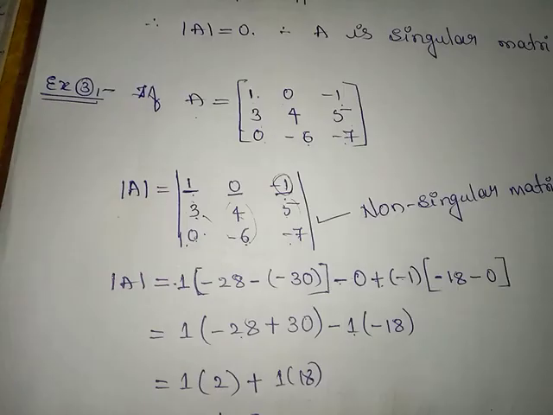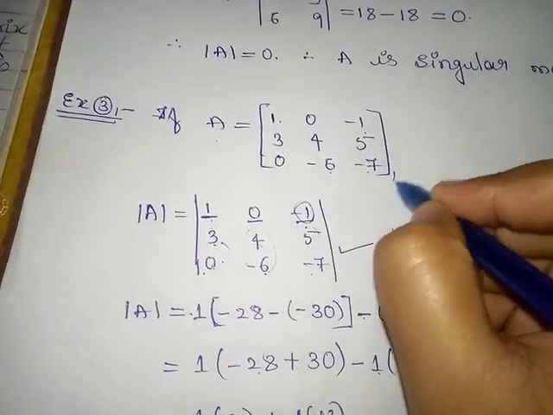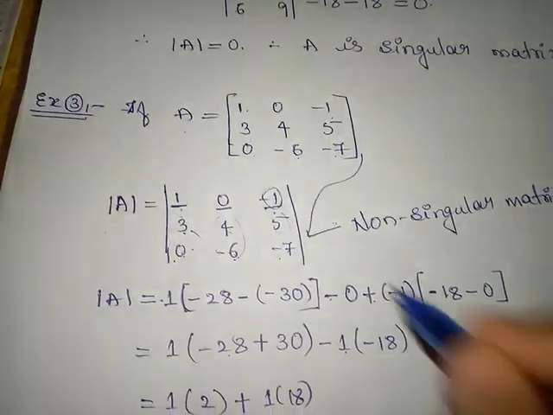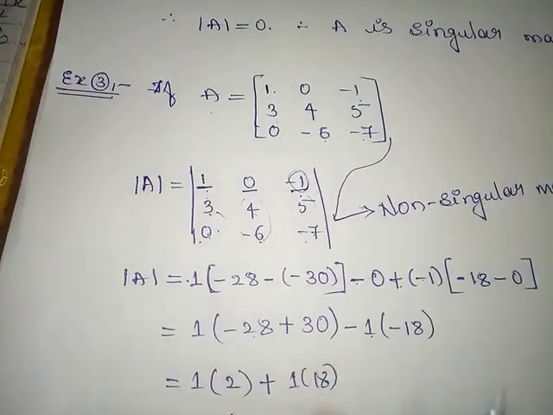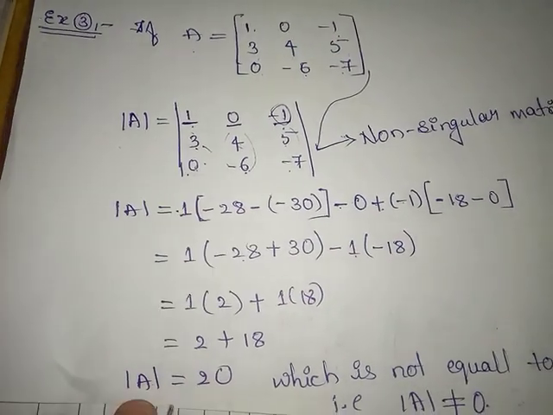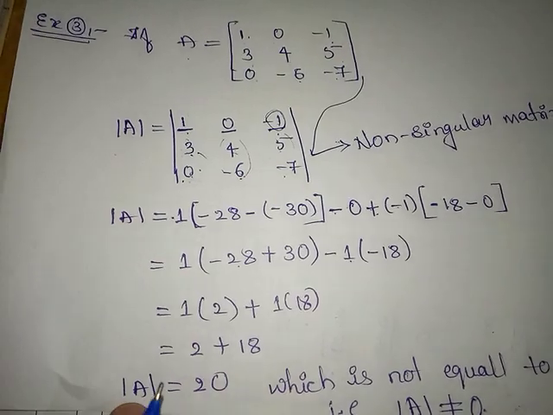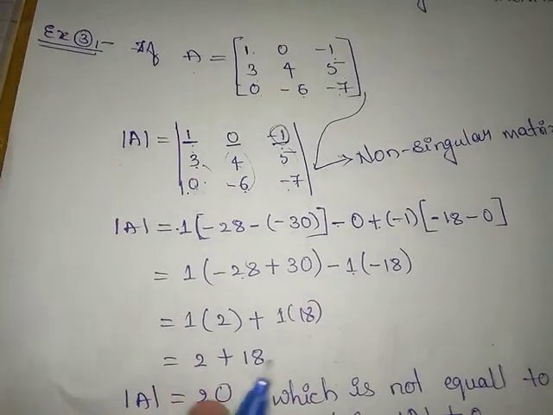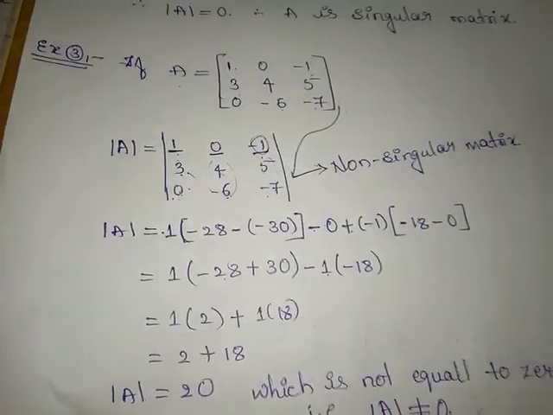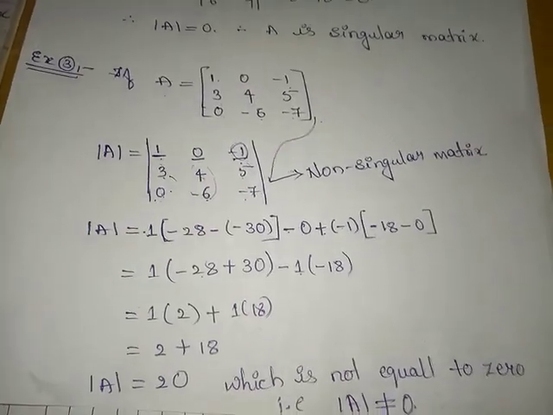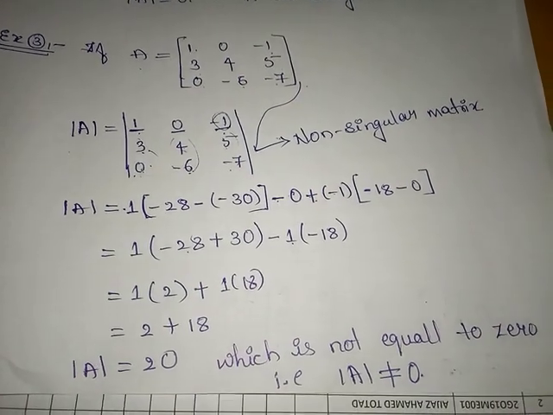This is a non-singular matrix. Why? Because the determinant of this matrix is not equal to 0. Since the determinant of A is equal to 20, which is not equal to 0, the given matrix is what? A non-singular matrix. This is how you have to find the determinant of a 3 cross 3 matrix.